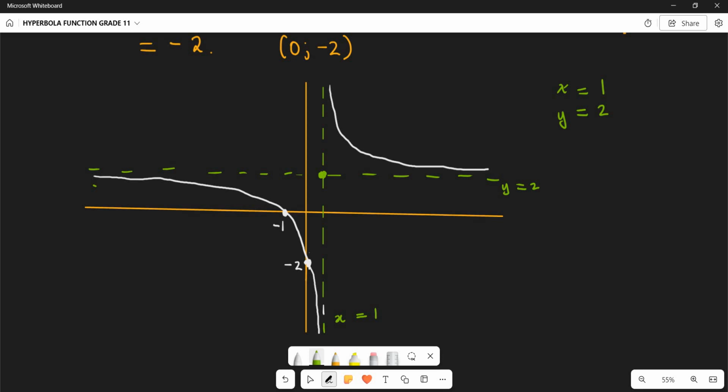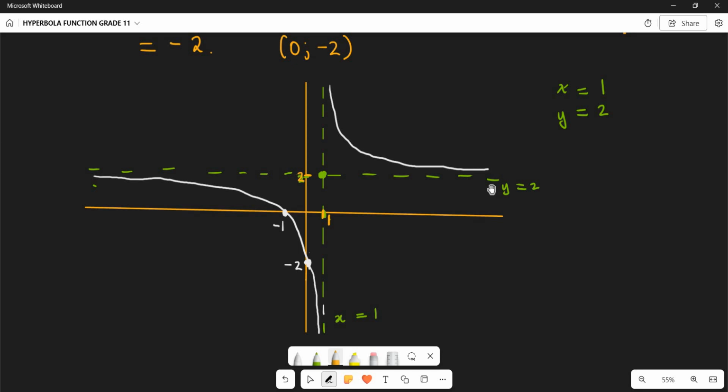So this is 2 and this one is 1. I can use a different color. This is 1 and this is 2. Get that? So that is your graph.